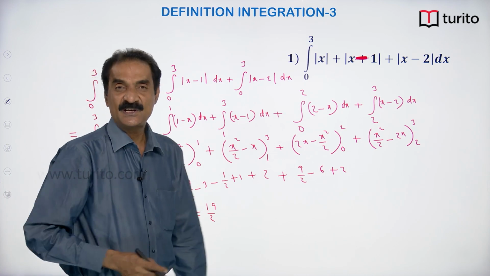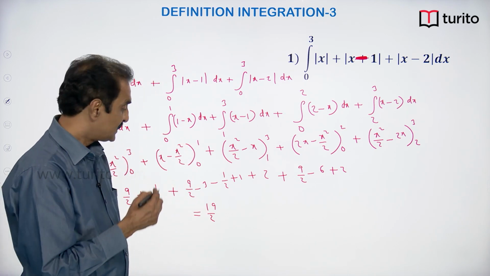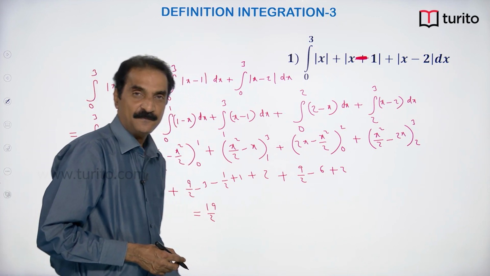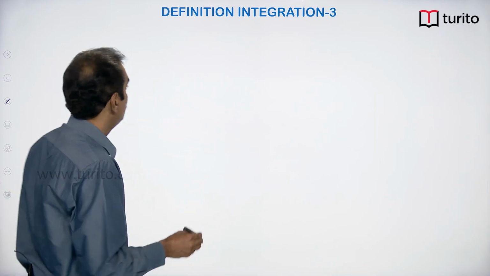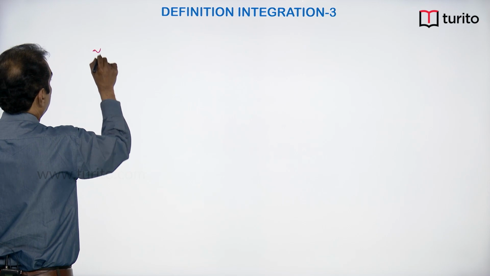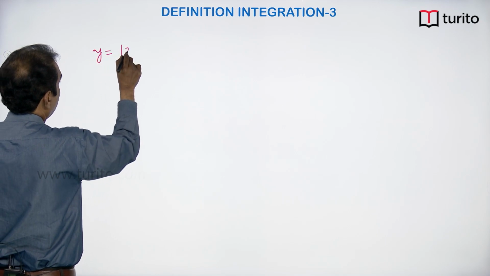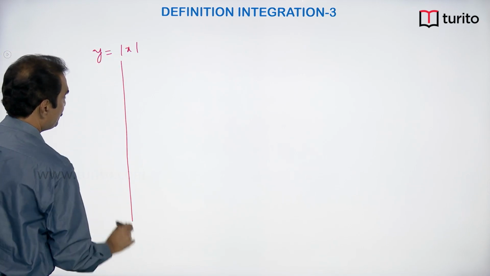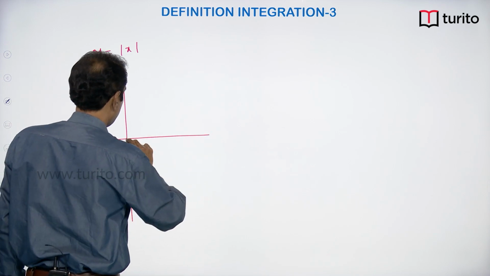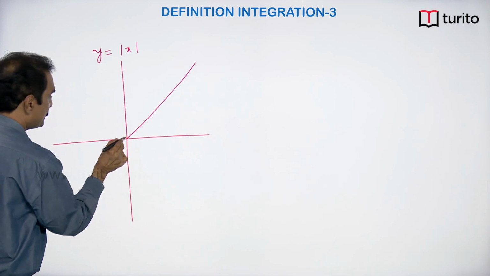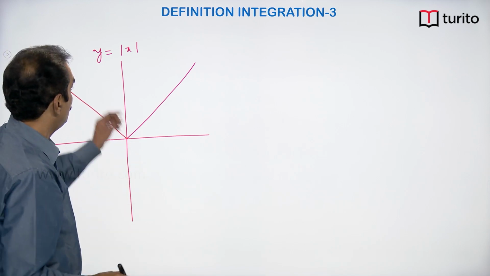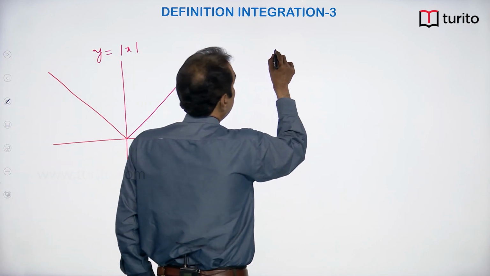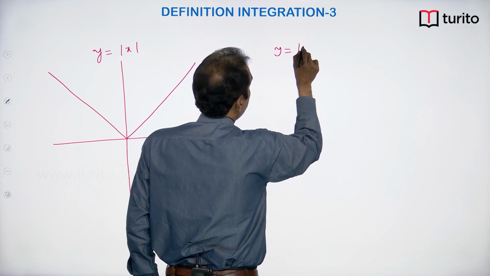But this procedure is very long. I will explain another short method for this question. You know that graph of y is equal to mod x will be like this. Okay. What will be the graph of y is equal to mod x minus c?